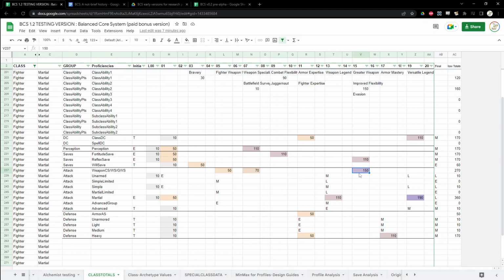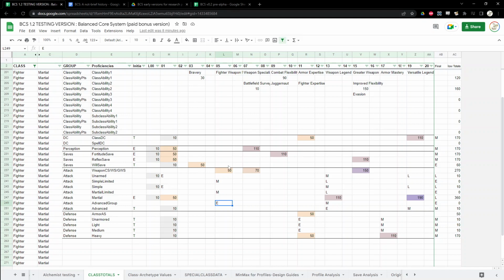And then a similar thing with greater weapon specialization. The marshals mostly get it at level 15. Now the thing to note here is I figured this out as I was evaluating these. Weapon specialization always comes at the odd level after a class gets expert in attacks.